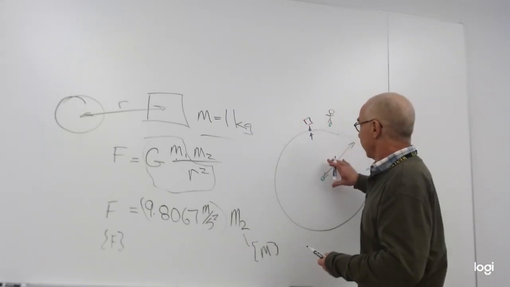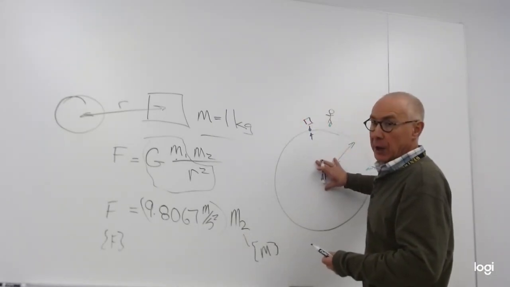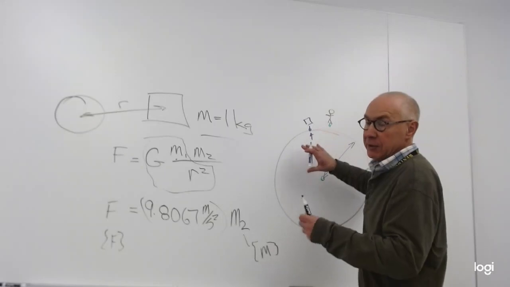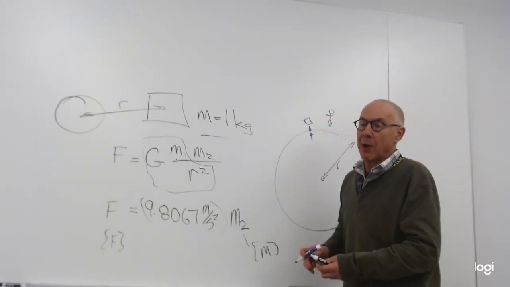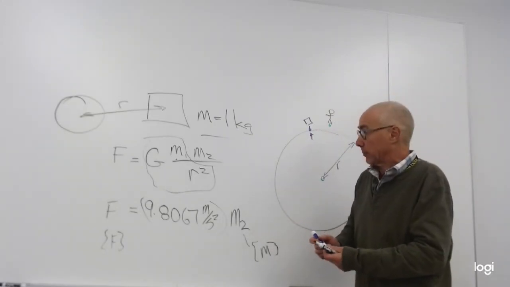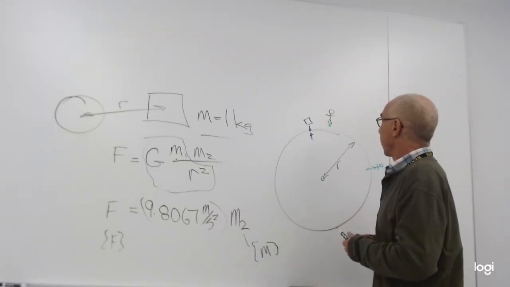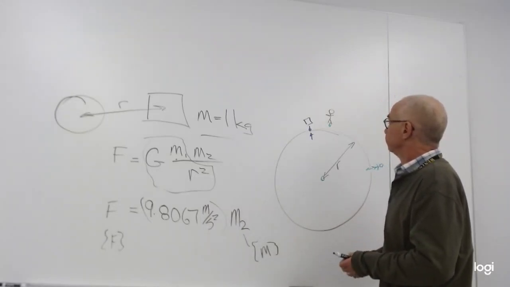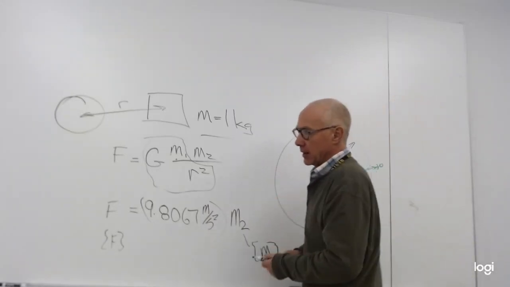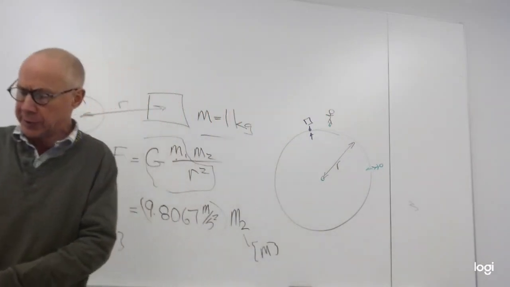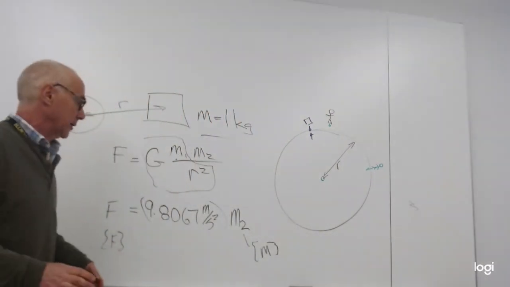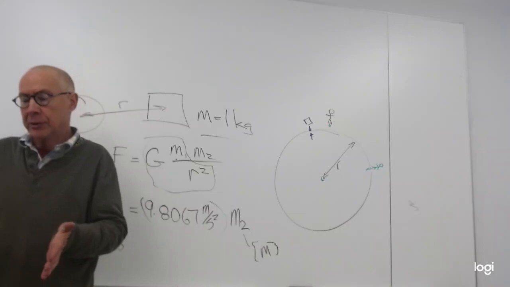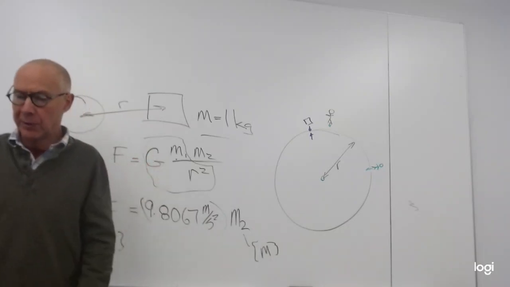But the mass of the Earth is so large that this force is basically de minimis. It's small enough that we don't really have to think about it, for the most part. So that's the relation between gravitational force and mass. Now I'm going to pause the video, erase the board, and then we'll talk about Newton's three laws.